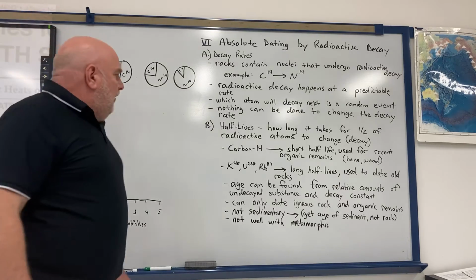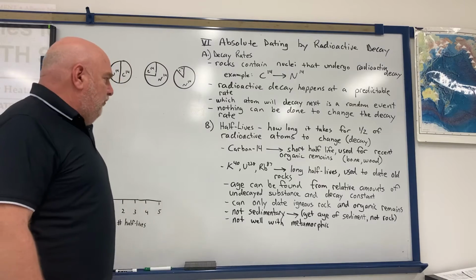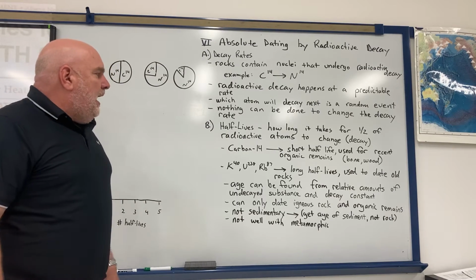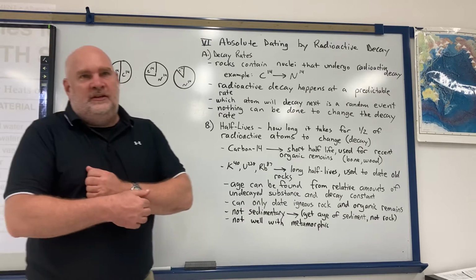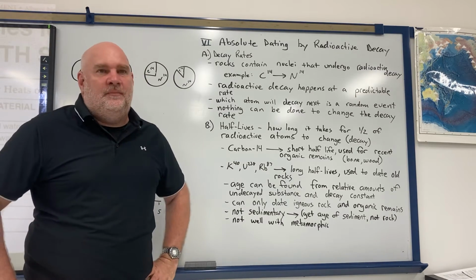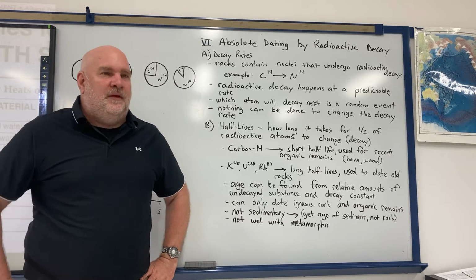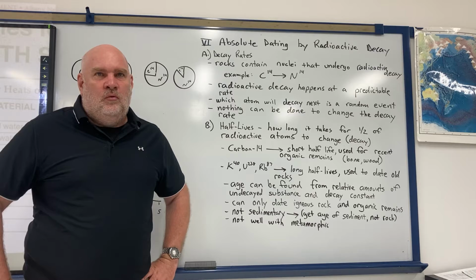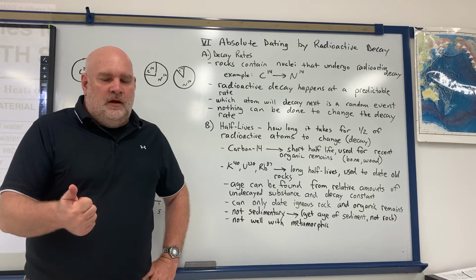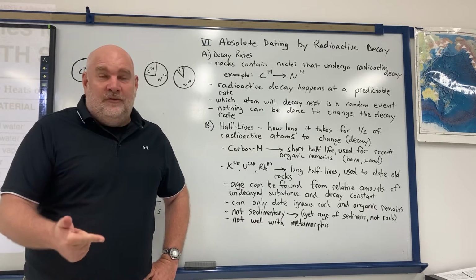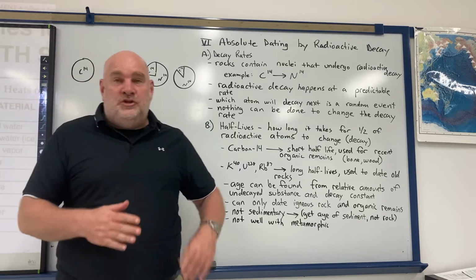All right. So how we know which one of those radioactive isotopes we're going to use to date a rock depends on what we're trying to date. And the analogy I like to use is, let's say you're trying to find the length of something. What tool you're going to use depends on roughly what the length of it is. So, for example, a ruler, a meter stick, a tape measure, and the odometer on your car all measure distances.